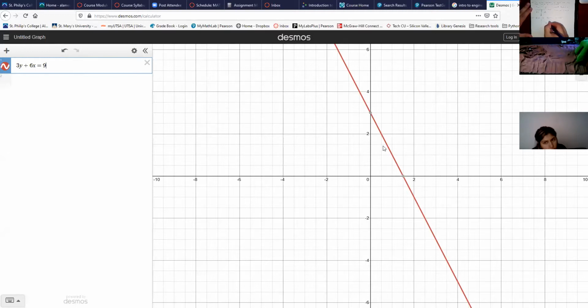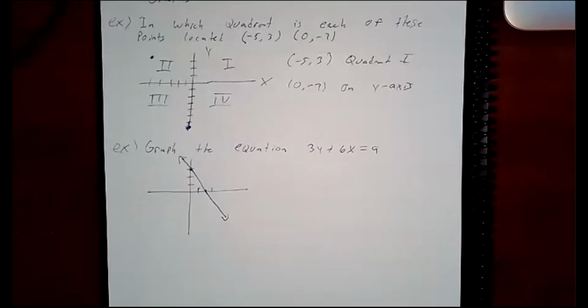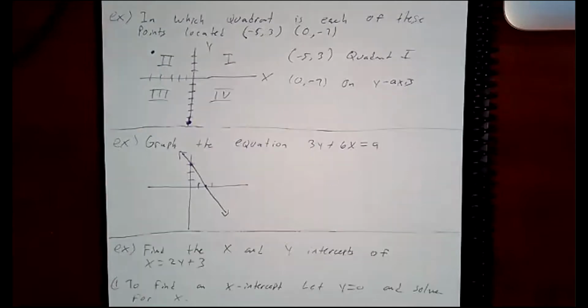Just have that 0, 3. Y-axis. So whenever you're finding intercepts of any function, it doesn't matter, you start by doing this.